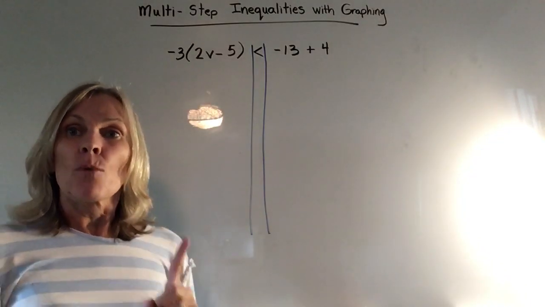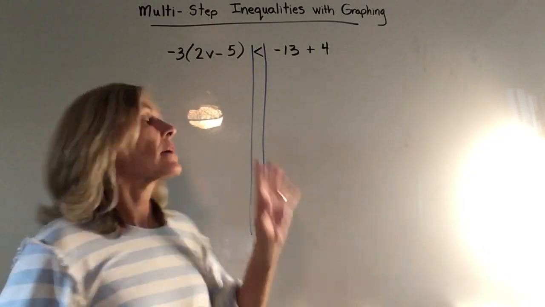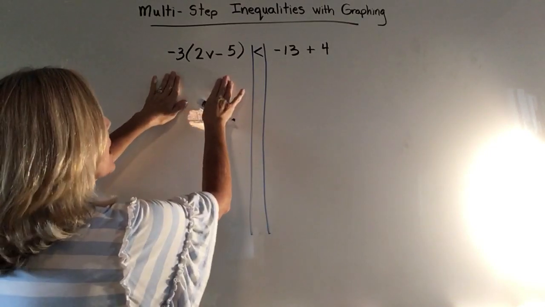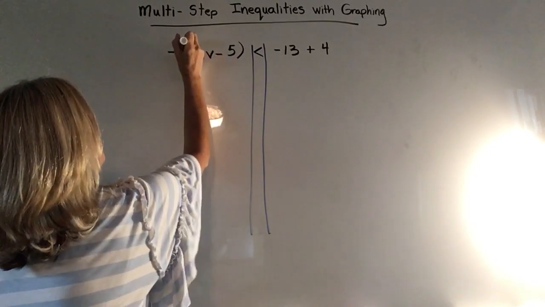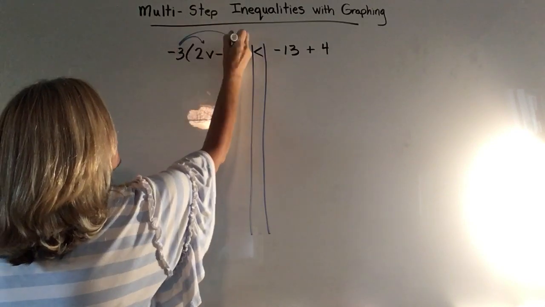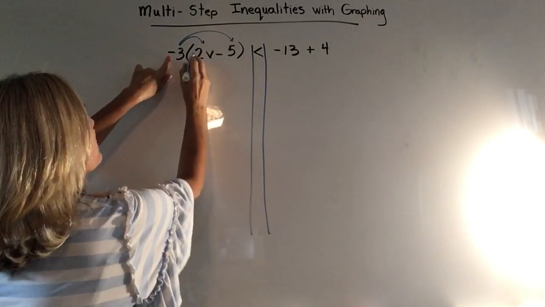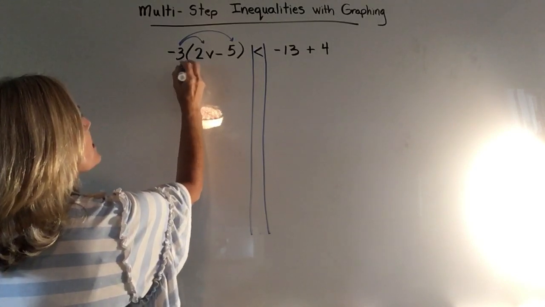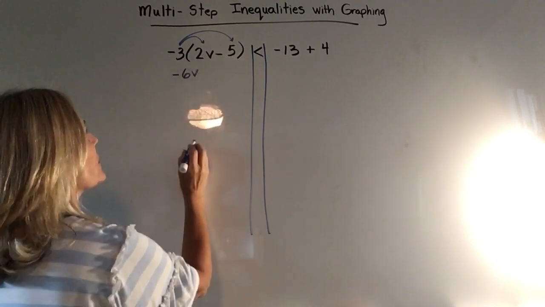All right, step 1, we want to simplify each expression. So on this side, we need to do the distributive property. I'm going to distribute that -3 out. So negative times a positive is negative, 3 times 2 is 6, and nothing times v is still v.